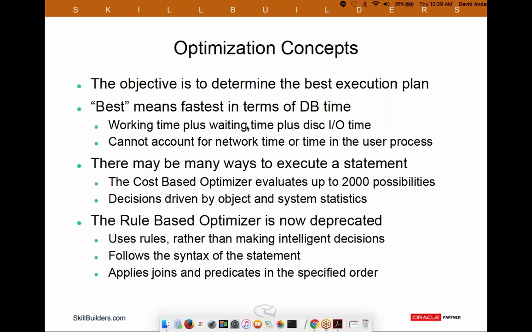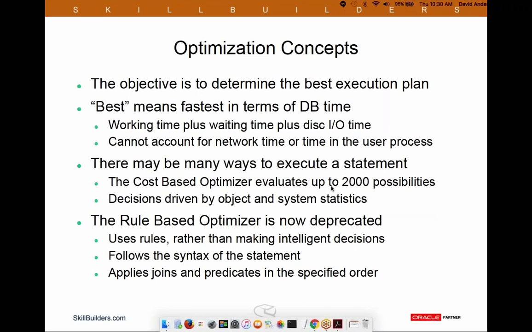Decreasing wait times can sometimes help us, or oftentimes can help us tune an SQL statement. This notion of database time is something that you want to remember and does involve disk, waiting, and working time, actually processing the statement. Now, what we're not accounting for is network time or time in the user process if your client is slow. As I mentioned, there might be better ways to execute a statement, and yep, 2,000 possibilities.